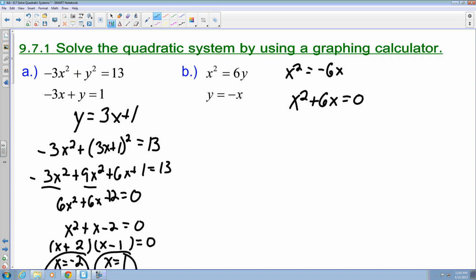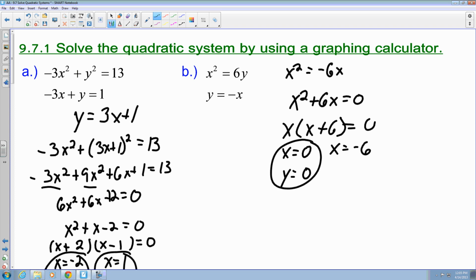I can factor out an x here, so it's x times x plus 6 equals 0, so x could equal 0, and x could equal negative 6. So plug those in. If x is 0, my y is 0, and if my x is negative 6, my y is 6. So that's where it crosses.